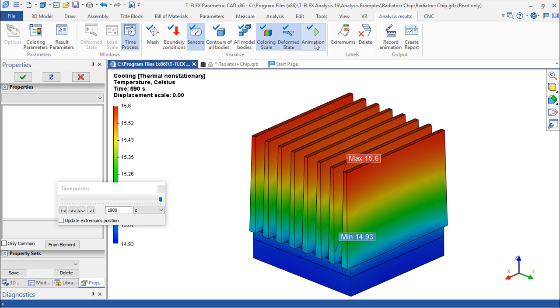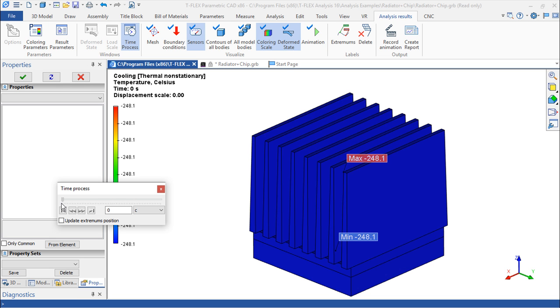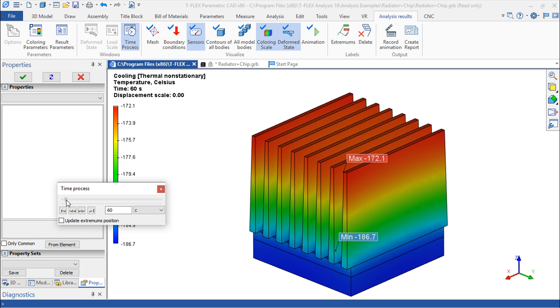Let us do animation. So as you can see, it has some variation, which we can control also. So we can go around here.